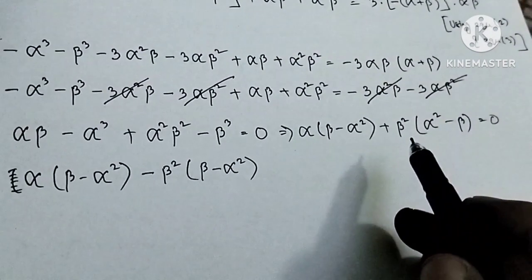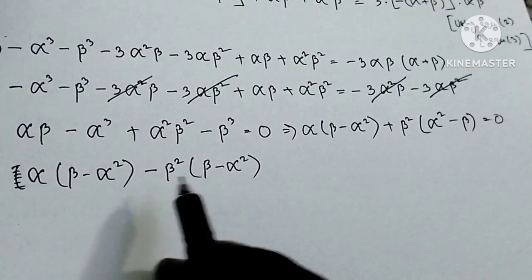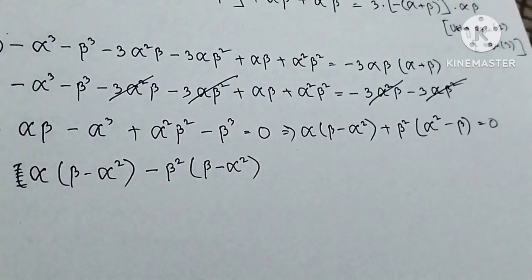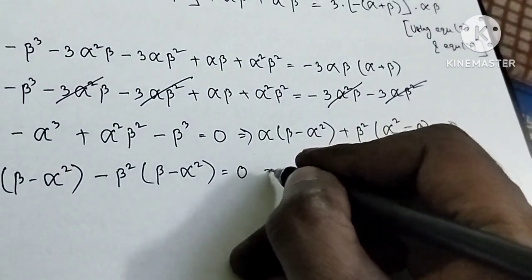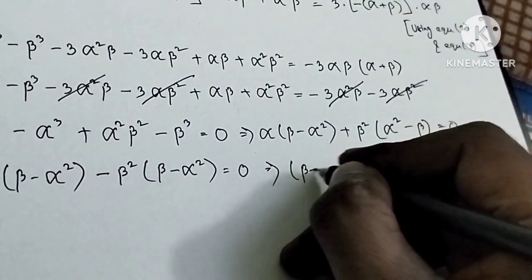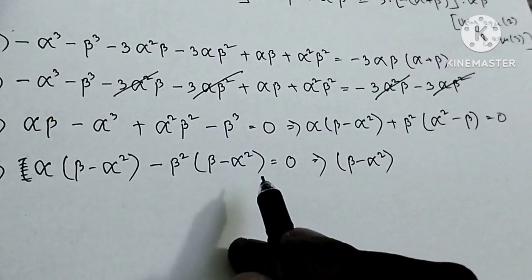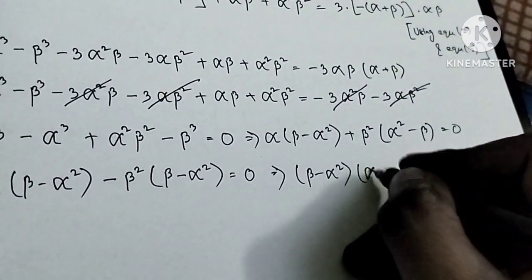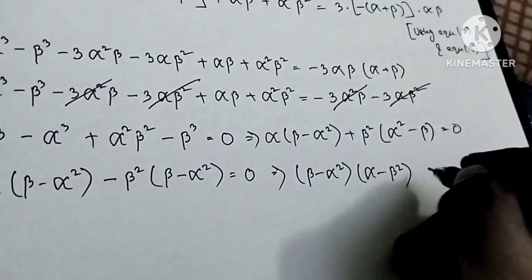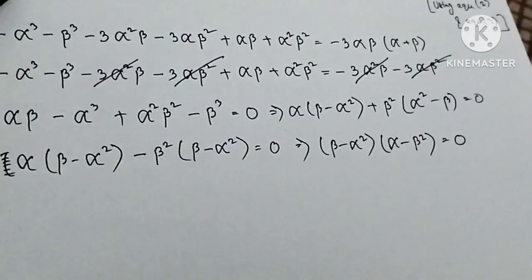So plus beta square into alpha square minus beta can be written as minus beta square into beta minus alpha square, is equal to 0. So I take beta minus alpha square common, and we get alpha minus beta square is equal to 0.